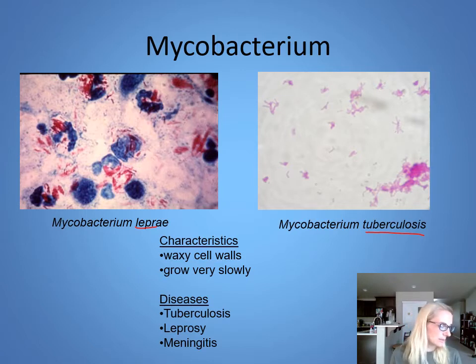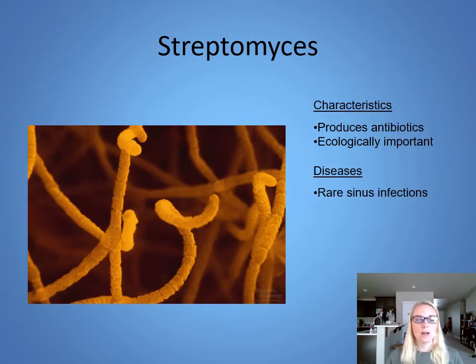So that's our Mycobacterium. And one more of our high GC gram-positives, throwing an environmental organism in there. This is called Streptomyces. It's one of those filamentous ones that reproduce by spores. A couple of things for Streptomyces. One, they can produce a lot of our antibiotics. If you've ever taken or heard of the antibiotic streptomycin, it comes from this particular organism.